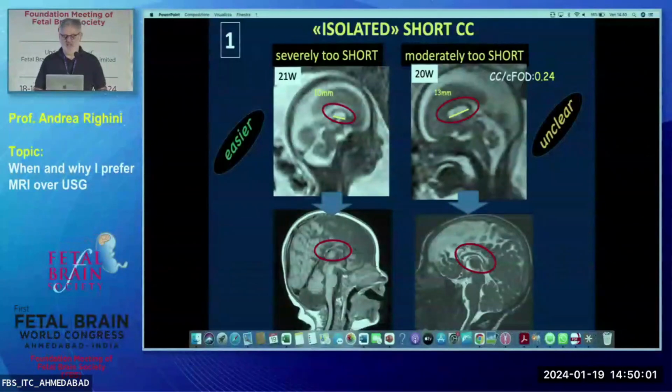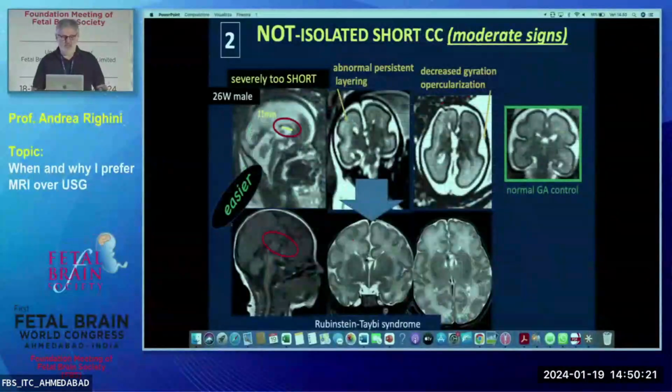In fact, the ratio is borderline, 0.24 instead of 0.27. And still after birth, the corpus callosum stays a little bit thin, more than short.